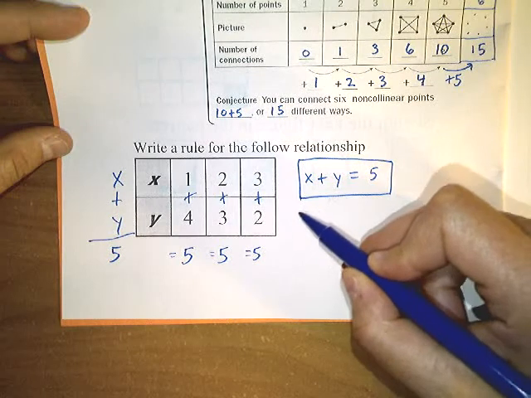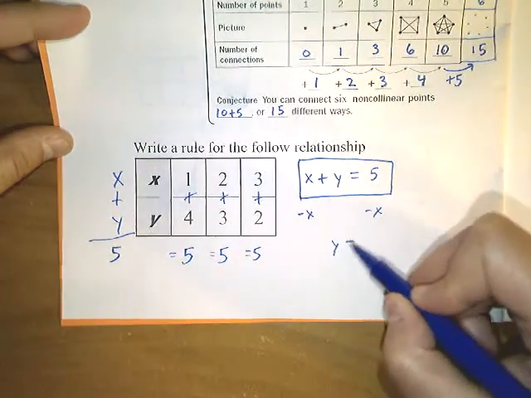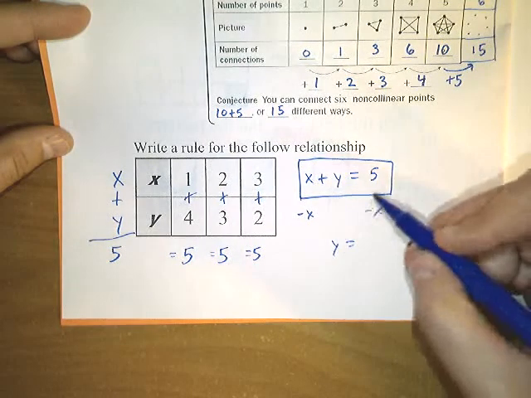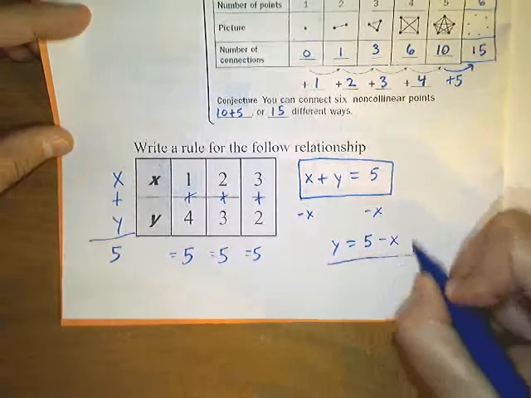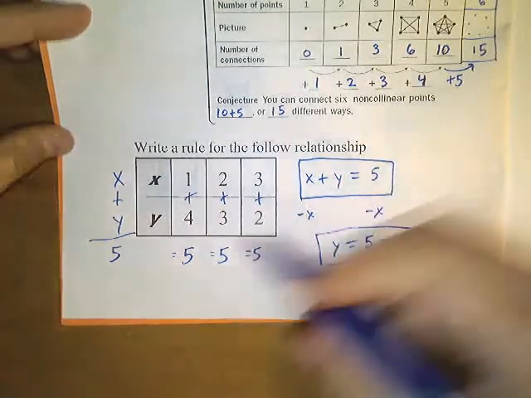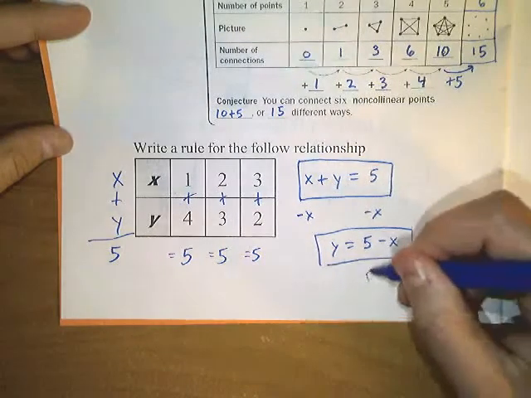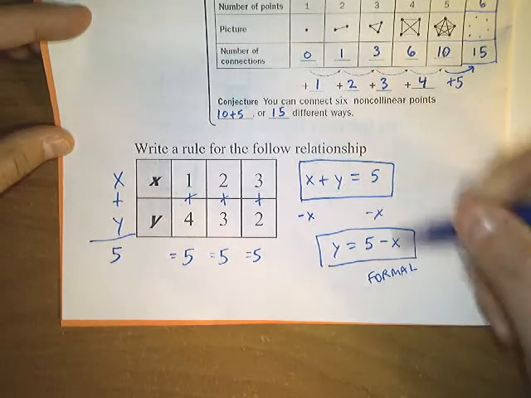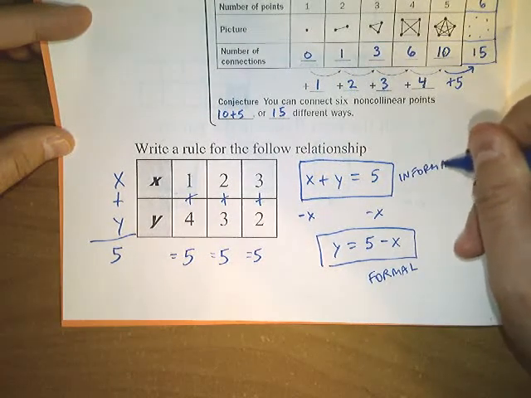So what I would do is, if I had to write it the other way, I would subtract x on both sides, canceling it here, getting my y by itself, and then on the right side I would have 5 minus x. It's the same relationship. It gives you the same truth, but it's just written in two different ways. This is more formal, like a function, and this is more informal, just stating what we basically see on the page.